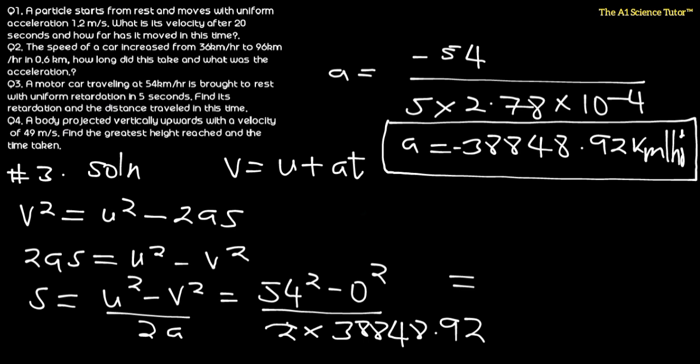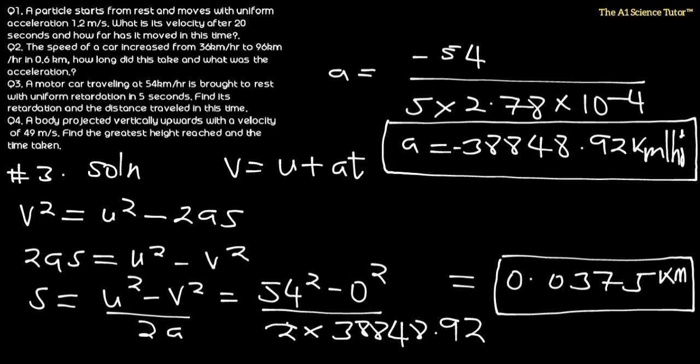We have 54 squared, and that is divided by 2 multiplied by 38848.92. So the distance in kilometer is going to be 0.0375 kilometers. So that will be the answer for the displacement.